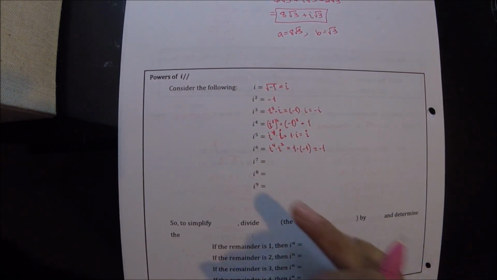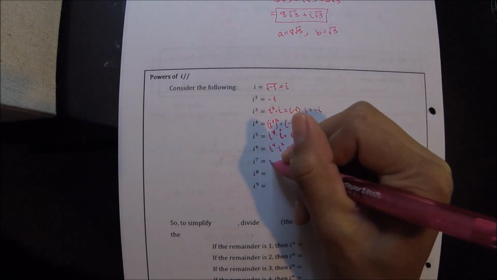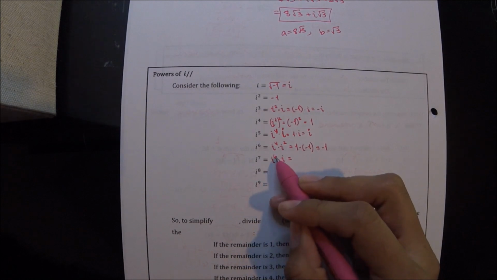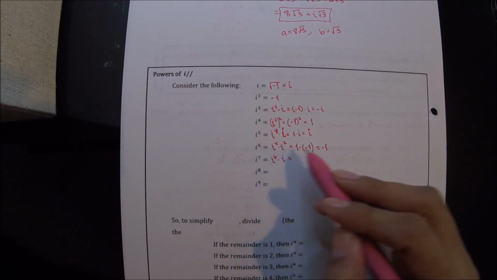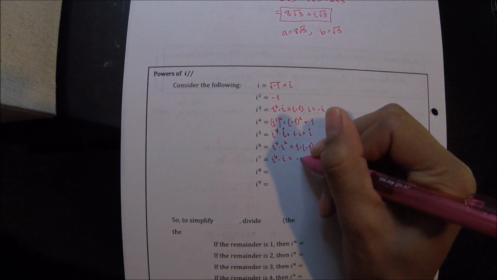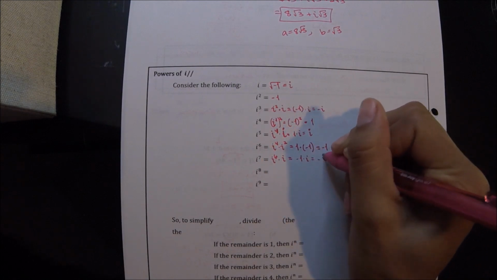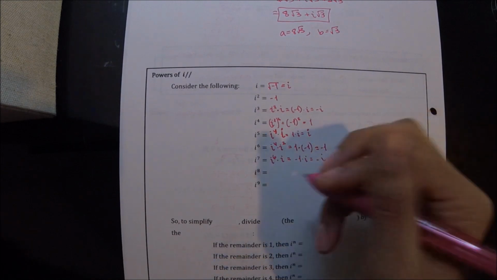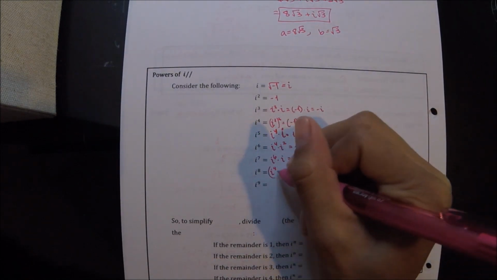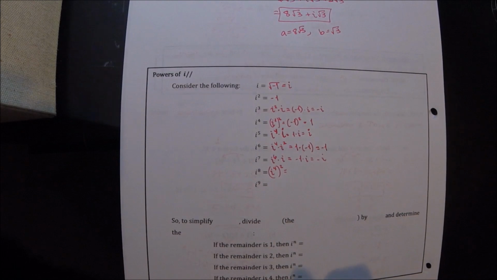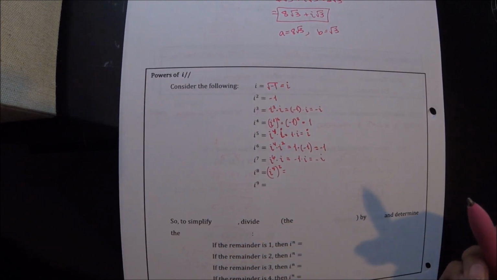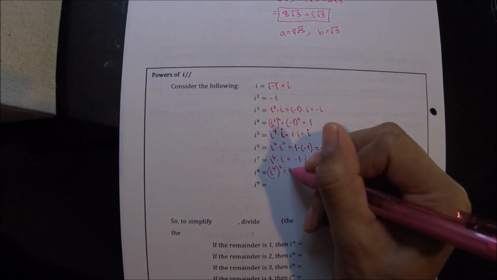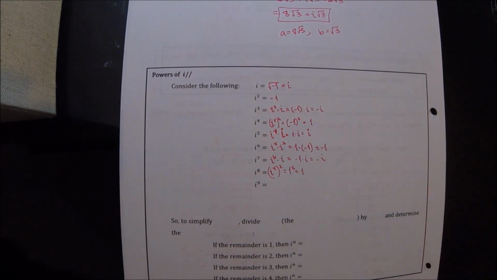i to the 7th, this one I am going to write as i to the 6th times i. And what's i to the 6th? Well, we just said that was negative 1, so we have negative 1 times i, which is negative i. i to the 8th, this one I'll write as i to the 4th squared. i to the 4th was 1, so we have 1 squared, which is 1.